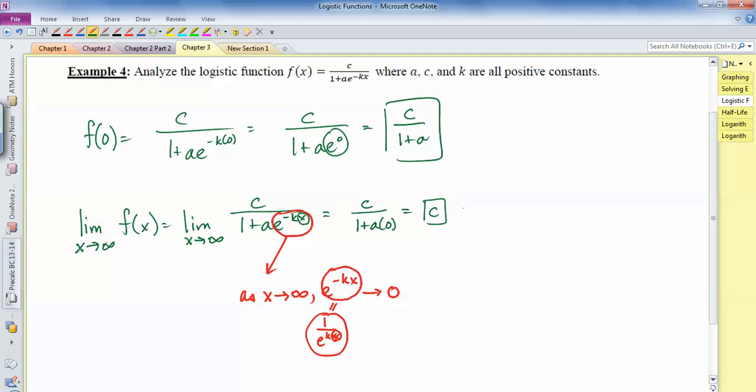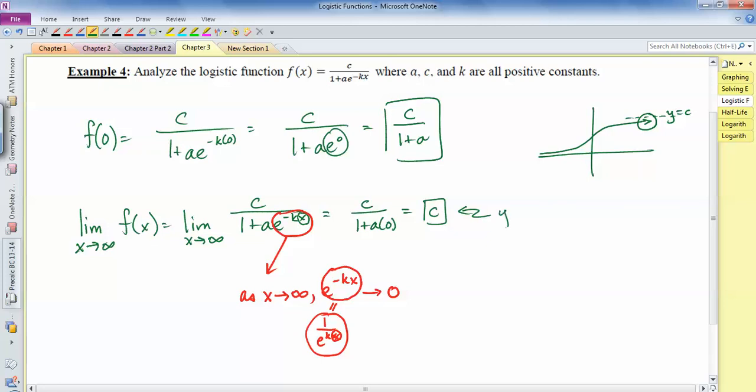That tells me, knowing what our picture is going to look like, that way out along this graph as x goes to infinity, I approach this value of c. So that means that y equals c is going to be a horizontal asymptote on the right side of this graph.